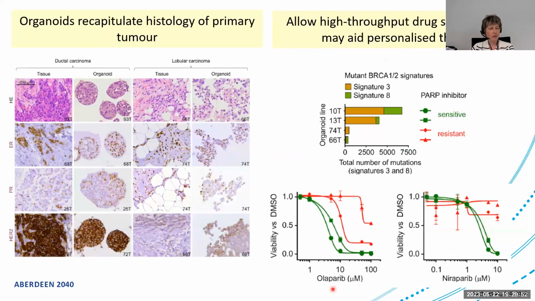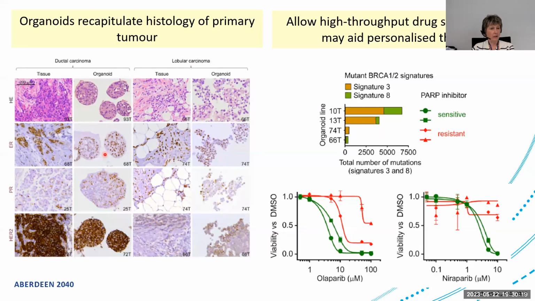This group have also looked at the histology of the tissue from which the organoid was developed. So here's the tissue on the left and the organoid on the right, from a ductal carcinoma or a lobular carcinoma. This is the H&E histology, and then stained for the 3 biomarkers used for breast cancer diagnosis: ER, PR, and HER2.